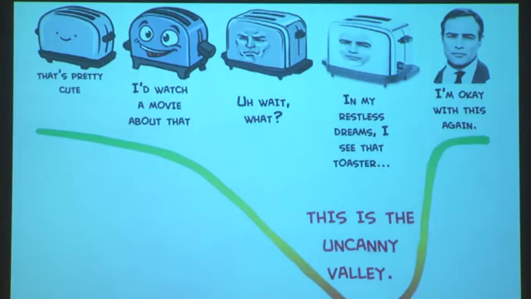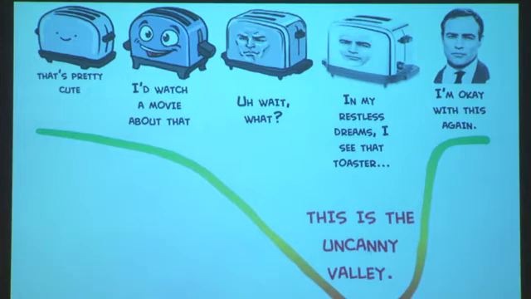Speaking of toasters and animation, we're going to talk a little bit about this concept called the uncanny valley. Anyone know what the uncanny valley is? Anyone? All right. This is a concept that comes out of animation, and it's this idea that when you start to anthropomorphize things, they start to get cute. And then the more human you make them seem, the more creepy they become, until they look almost human, but they're not, and they're just really discomforting.